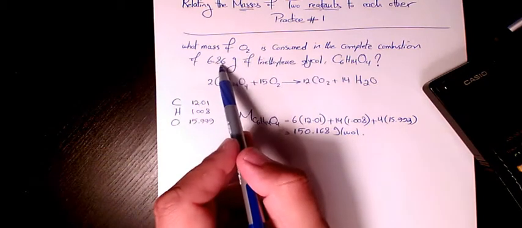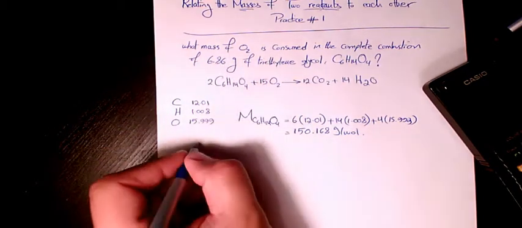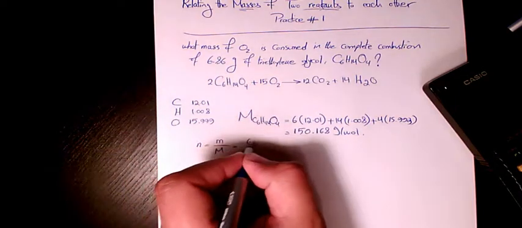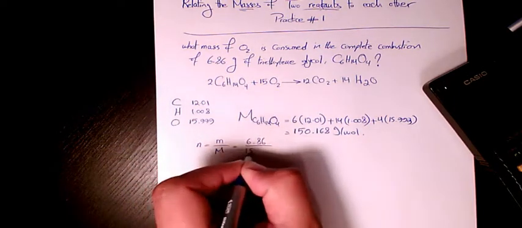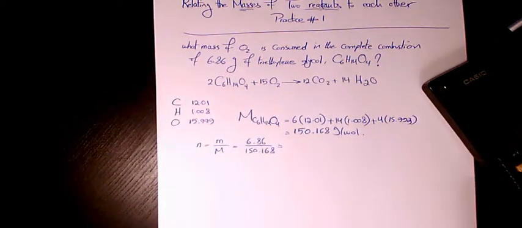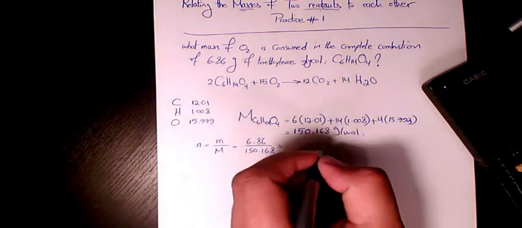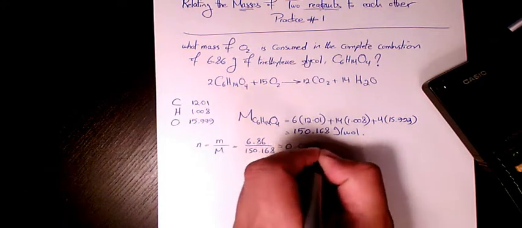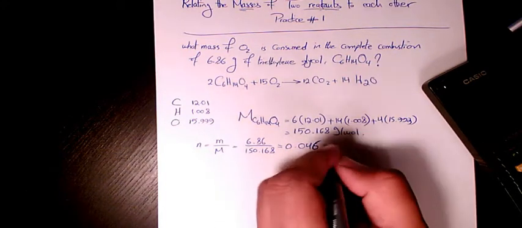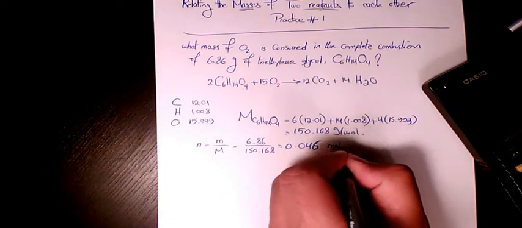So if I want to find the number of moles, divide mass by molar mass: 6.86 divided by 150.168. That makes it 0.45 or 0.46 if you round it, moles.